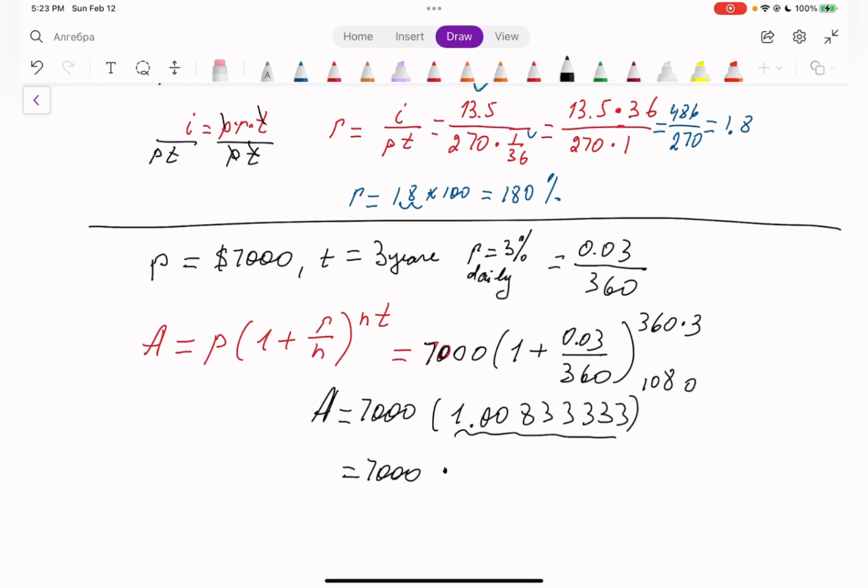Very good. 1.008, 1, 2, 3, 4, 5. I am not rounding anything. Raise to the power 1080. I still get the same thing. That's very weird. Let me check 2 to the power 3. Yeah. Okay, let's see where it will take me.